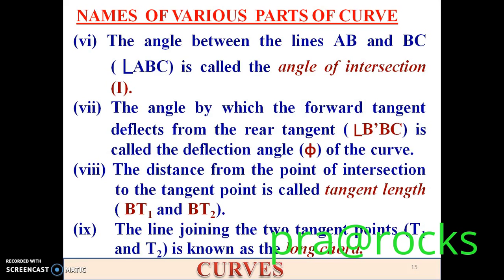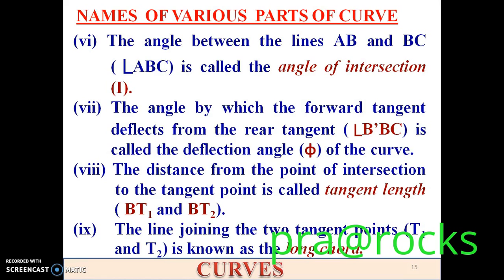And angle ABC, the angle between the lines AB and BC, is termed the angle of intersection I, and the angle by which the forward tangent deflects from the rear tangent is termed the deflection angle of the curve, represented by phi.